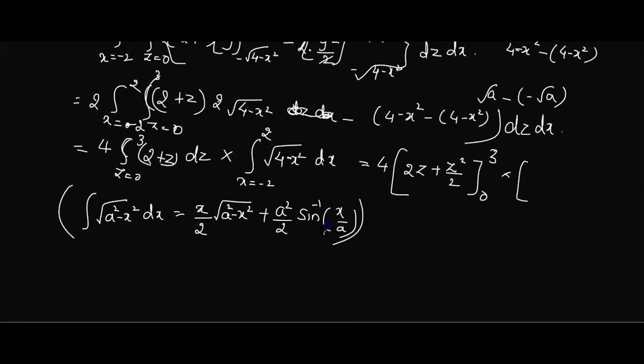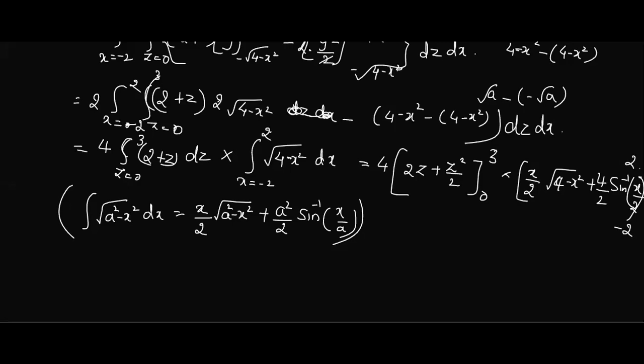Okay, let me apply the same thing. So x by 2 root of a square minus x square plus a square by 2 sin inverse of x by a. What is a square? 4 by 2 sin inverse of x by a. What is my a in this problem? My a is 2, correct? What are the limits?